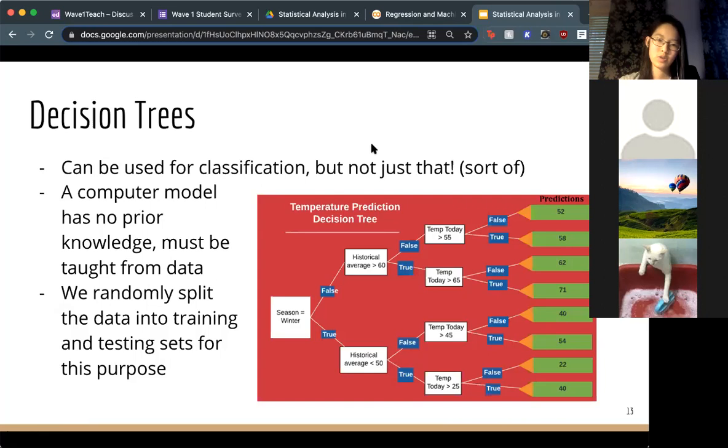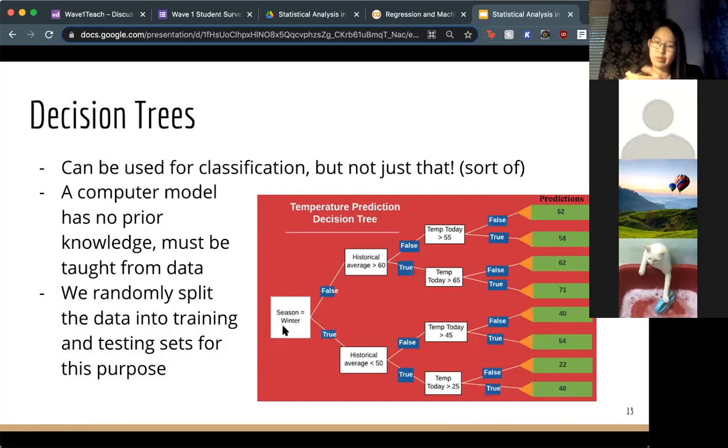So decision trees in themselves are a model-generated thing. What happens to create these decision trees, on a general basis, is you take your data set, maybe a bunch of old temperature data, your historical data, your historical average, whatever. You put that data in the model, it generates a decision tree by itself, and then you can feed in a number.